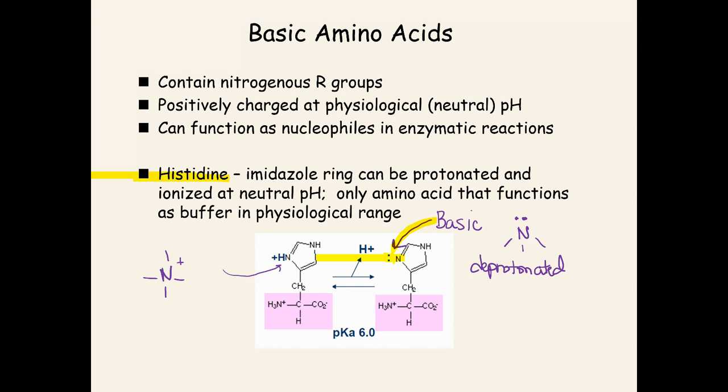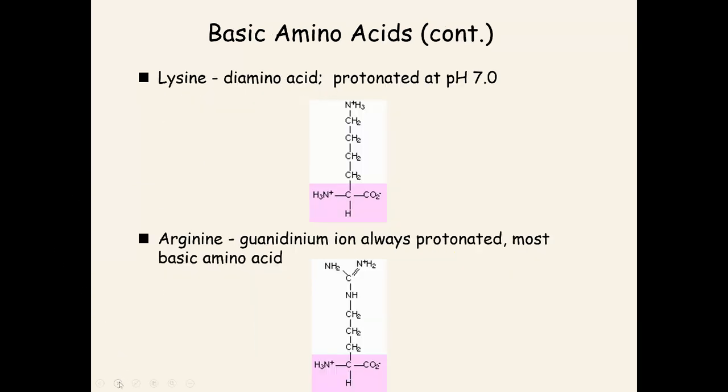Okay, histidine is a super important amino acid. It's one that we're going to see over and over again in different proteins. Lysine is a diamino acid, which means that if you look at it closely, it has an NH3 group on the R group in addition to this amino group.